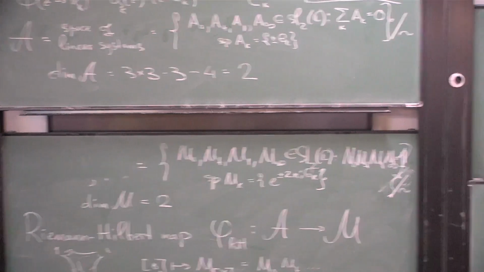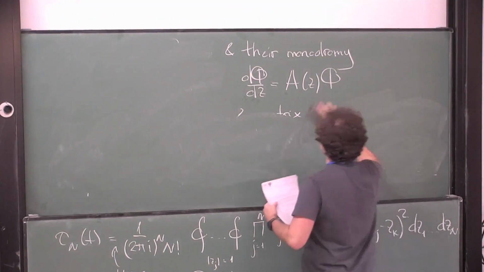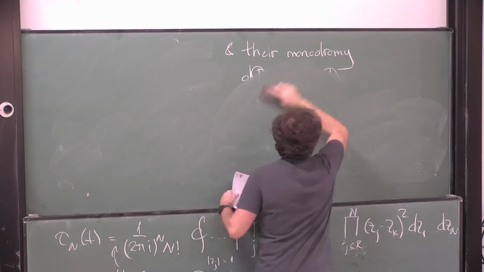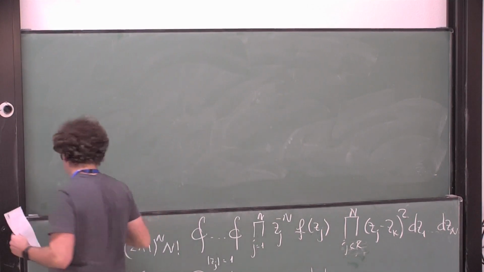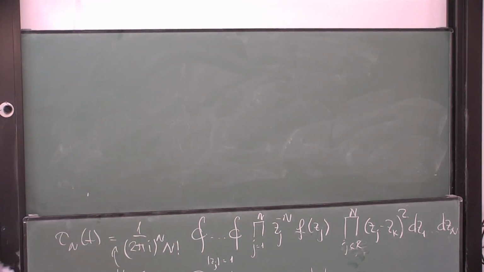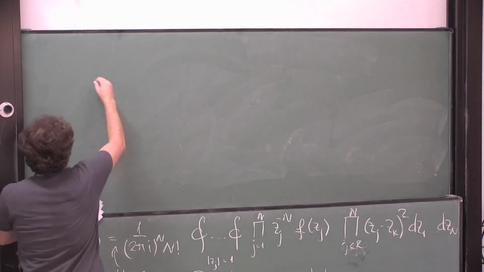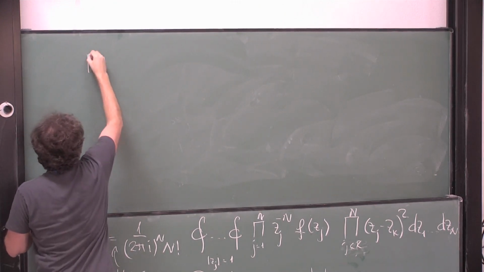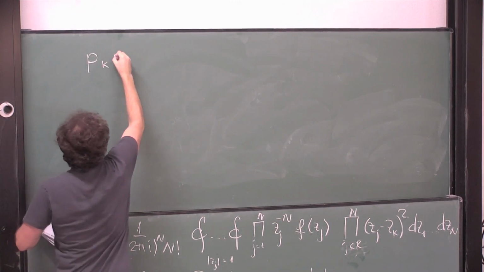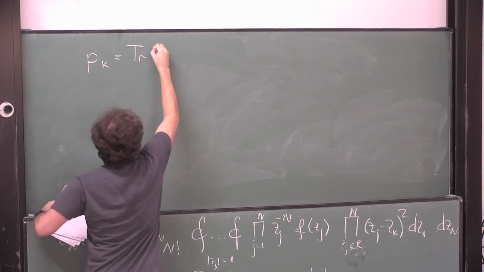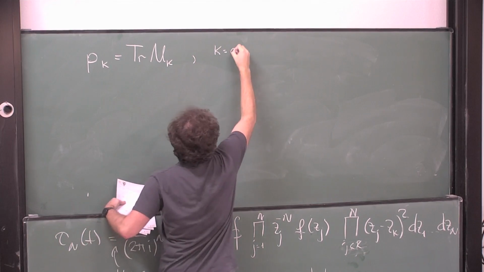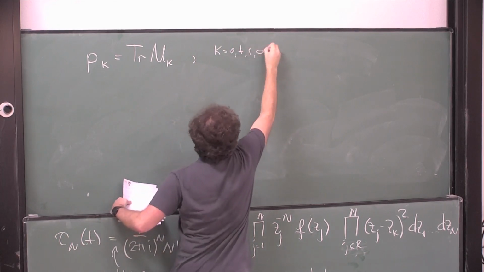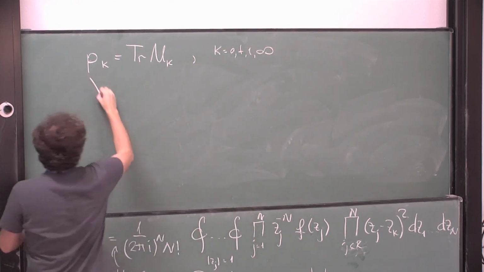And in fact, any such trace function can be written as a polynomial in a number of generators given by the following basic ones. So first of all, we introduce p_k given by the trace of M_k, for k equal to 0, t, 1, and infinity.